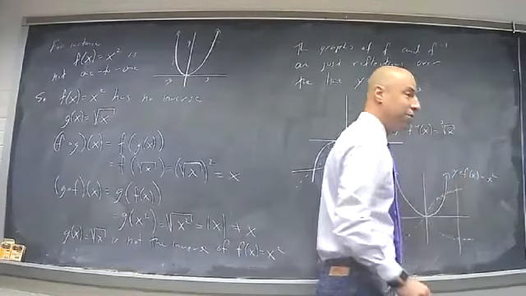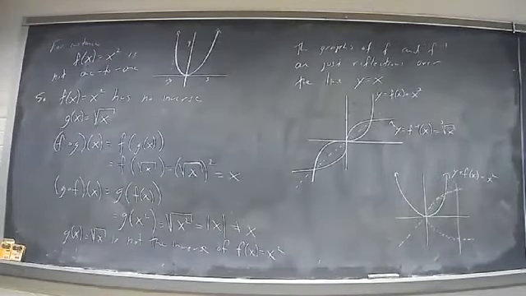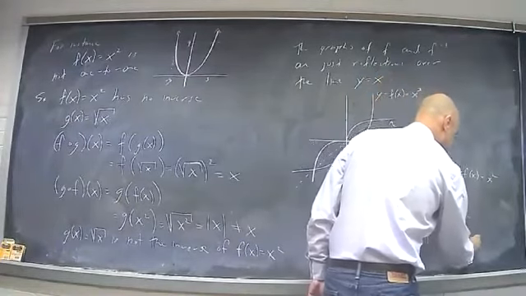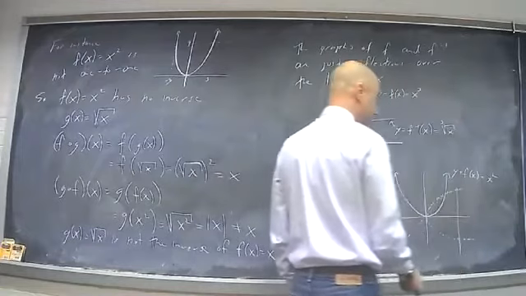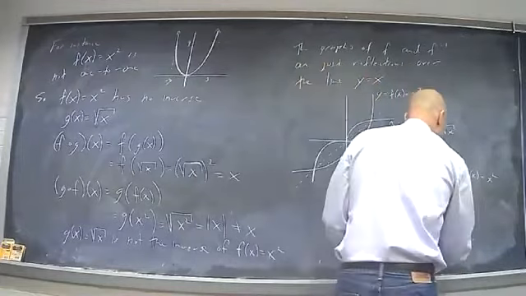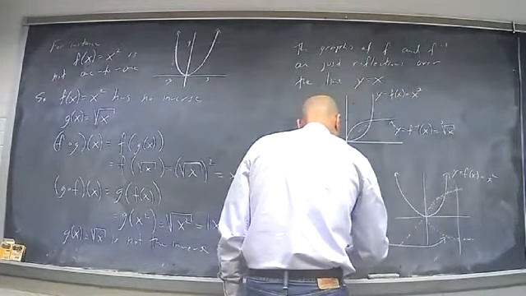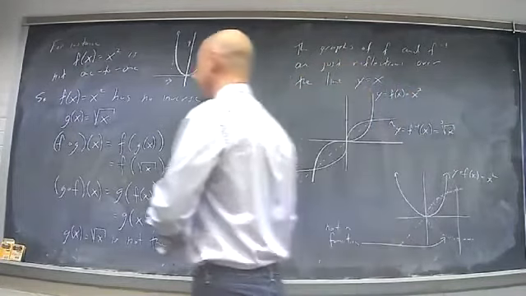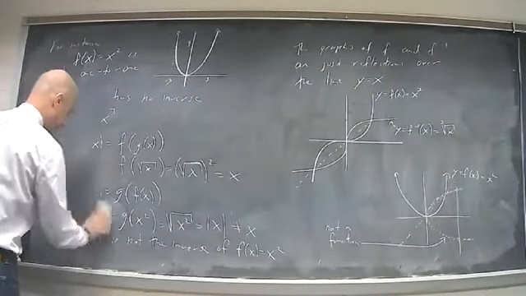It's not even a function. Remember that if you can draw a vertical line which crosses the curve more than once, it fails the vertical line test, and it's not even a function. So this parabola on its side isn't even a function. The vertical line test will tell you whether a graph represents a function or not.